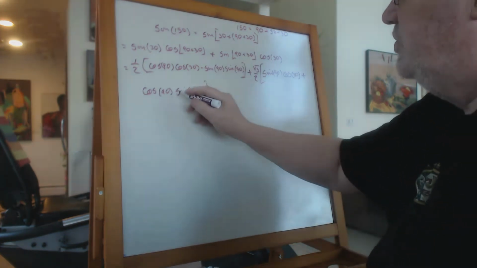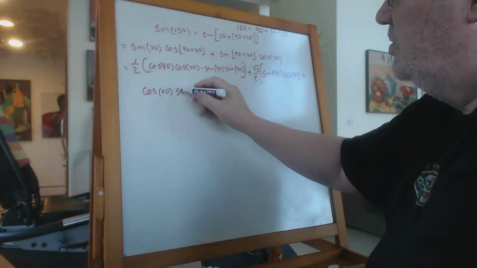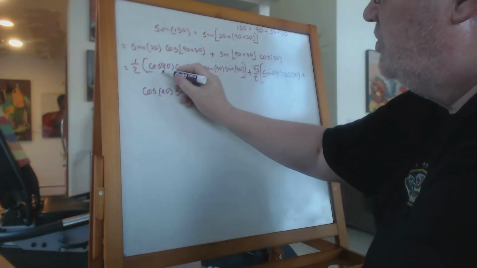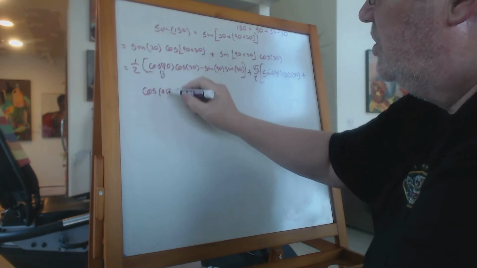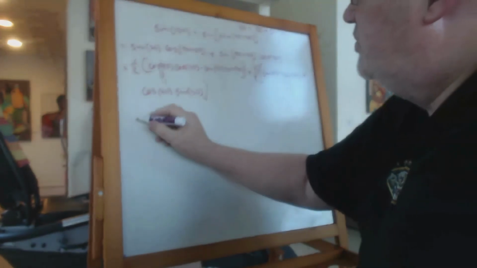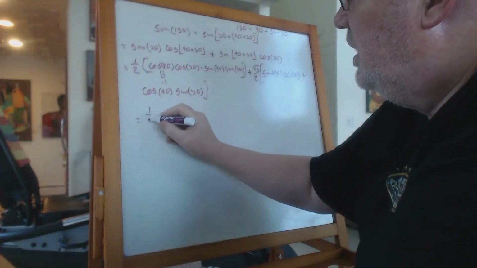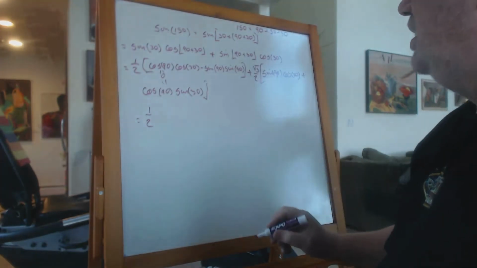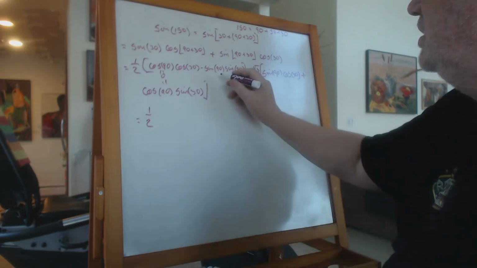But the cosine of 90 is 0. And so here we got 0, and that's equal to 0. So we have 1/2. See how cumbersome this is getting?